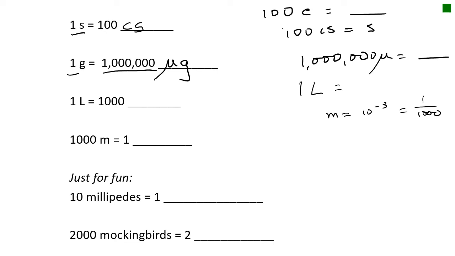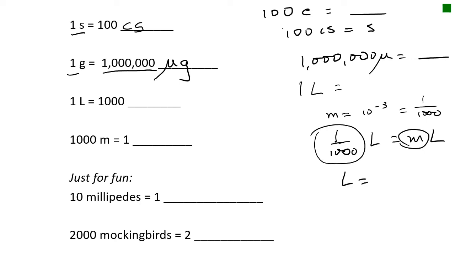So we can either say that there are 1 over 1,000 liters in a milliliter, again, because that is equivalent to a milli, or we can multiply through and say that 1 liter is 1,000 milliliters. Well, if 1 liter is 1,000 milliliters, then this is 1,000 milliliters. Here is 1 liter.